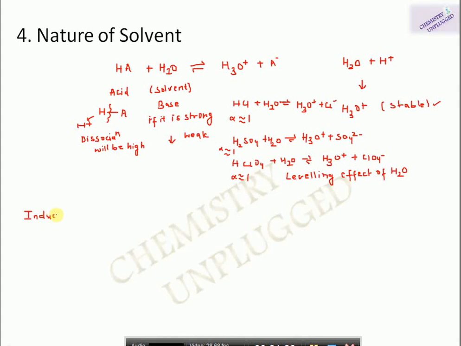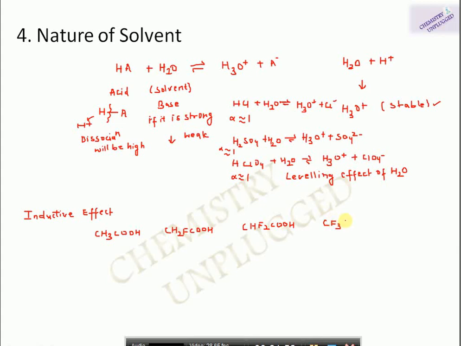Now we will take various groups attached to organic molecules to define their acidity or basicity. Another important factor which governs the acidity or basicity of molecules is the inductive factor. Suppose we have acetic acid and we replace one hydrogen of acetic acid with fluorine.